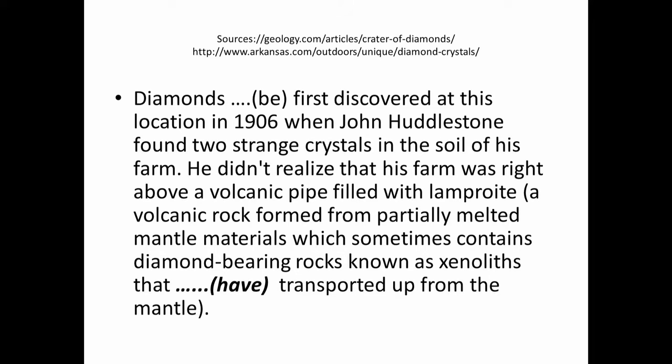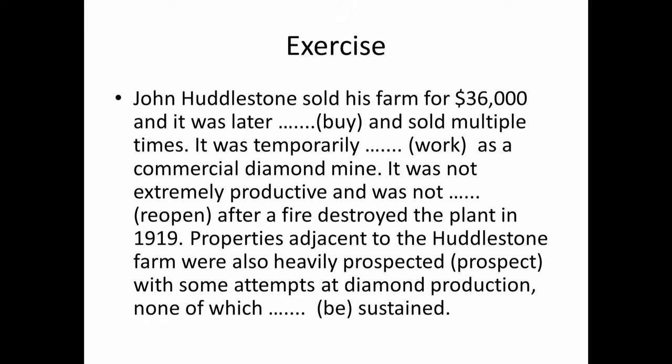He did not realize that his farm was right above a volcanic pipe filled with lamproite, a volcanic rock formed with partially melted mantle materials, which sometimes contains diamond bearing rocks known as xenoliths that dash transported up from the mantle. John Huddleston sold his farm for this much, and it was later dash and sold multiple times.